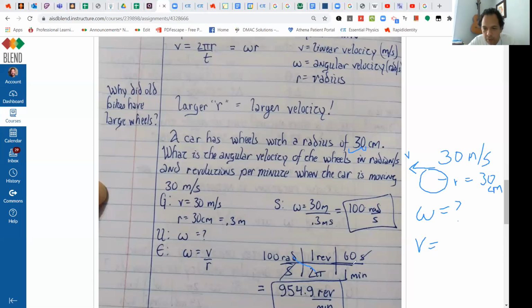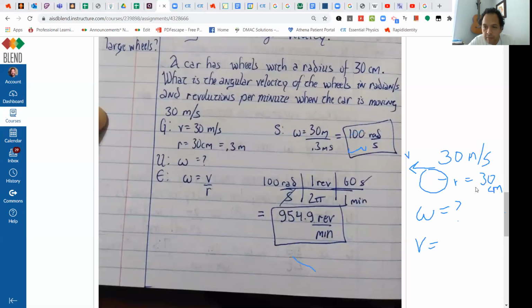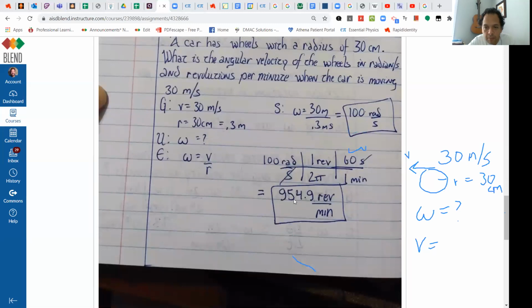So we're just converting, right? Then we get the final answer: 954.9 revolutions per minute. So a wheel is turning 955 revolutions per minute when you're traveling at 30 meters per second. So the wheel is spinning really fast, but we've got a nice velocity of 30 meters per second.